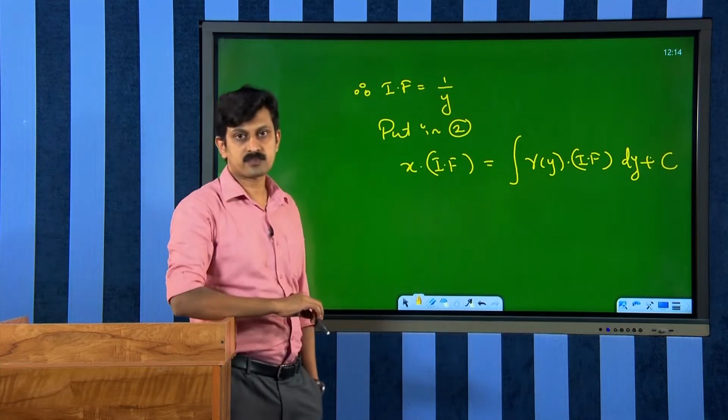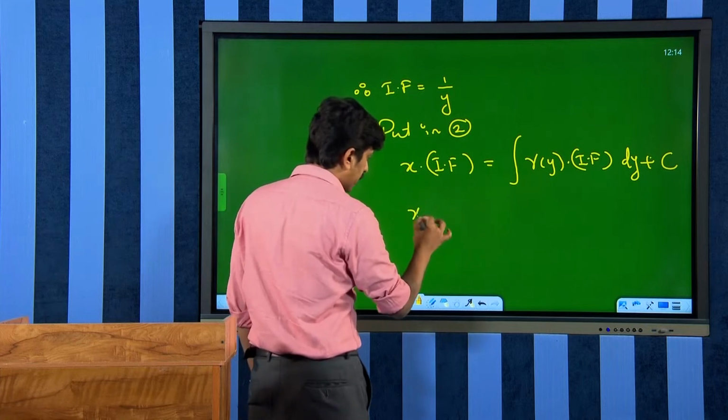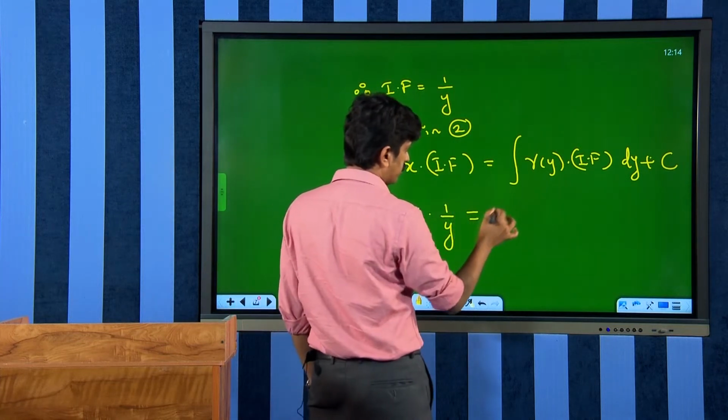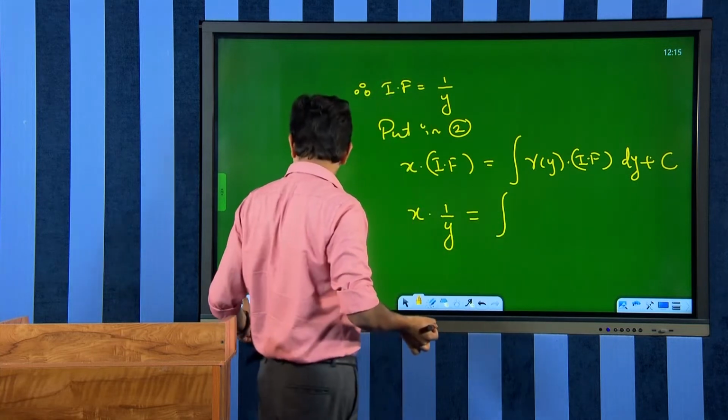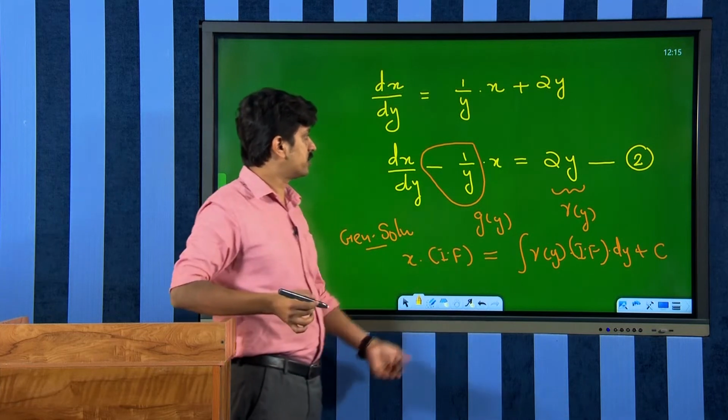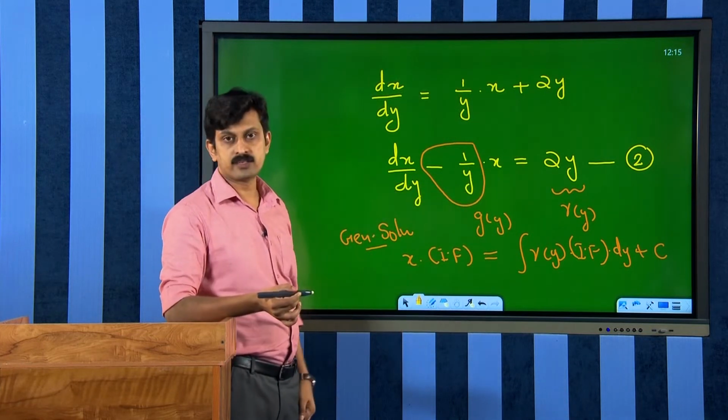So x into the integrating factor, 1 by y, is equal to the integral of r of y, which is actually 2y.